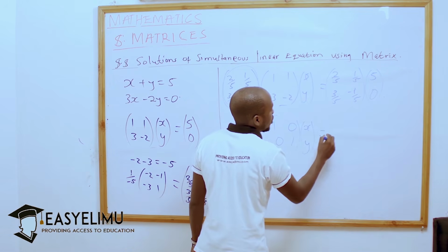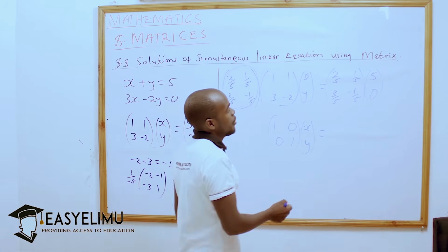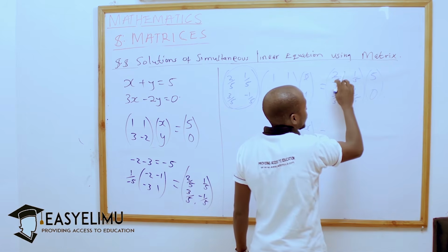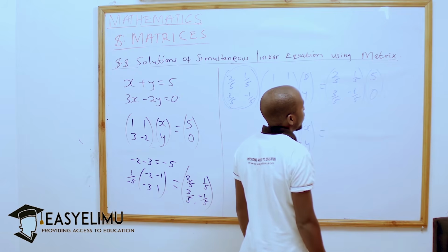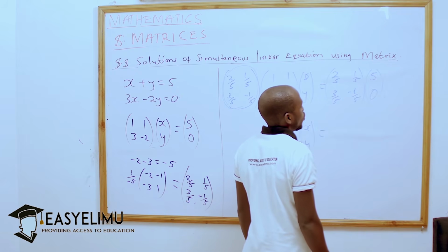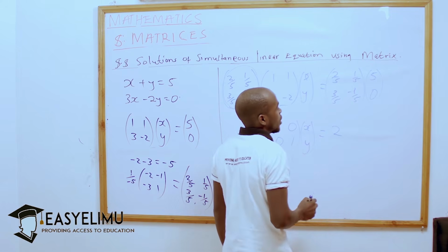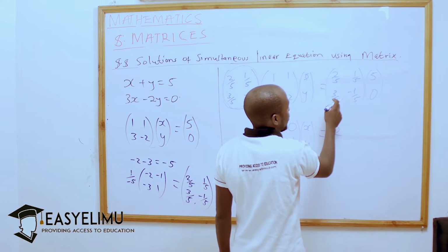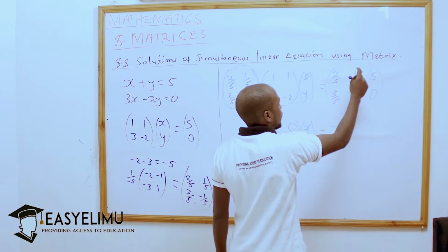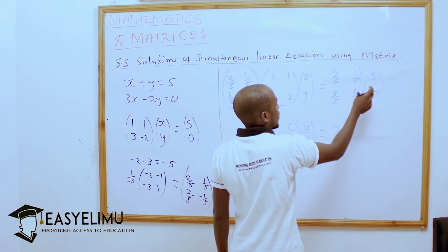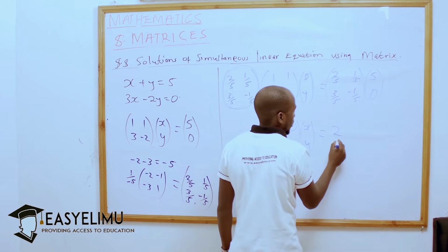So if we pre-multiply here, this will give us 2 over 5 by 5 is 2, plus 0, we shall get 2. And then 3 over 5 by 5 is 3, 3 minus 0 is 3.